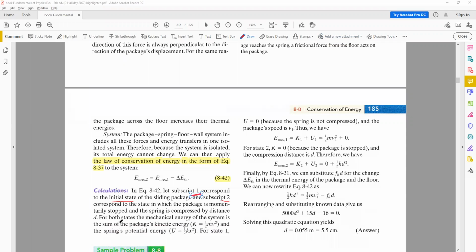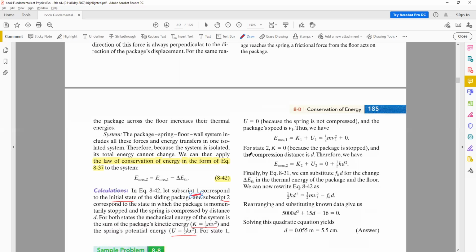Okay, so in this case, for both states, the mechanical energy of the system will be a sum of the package's kinetic energy, which is K equal to half mv squared, an equation that we've already studied in the previous chapters, and the spring's potential energy, which is U equal to half kx squared, which we just talked about.